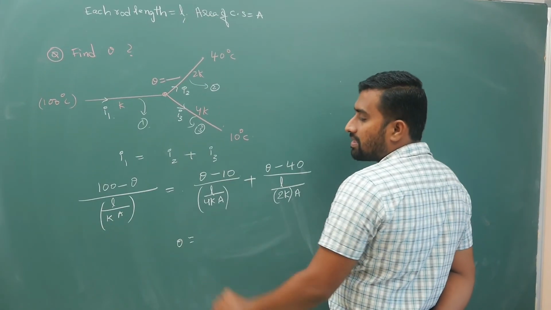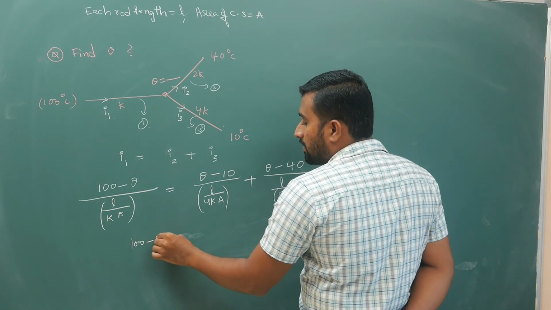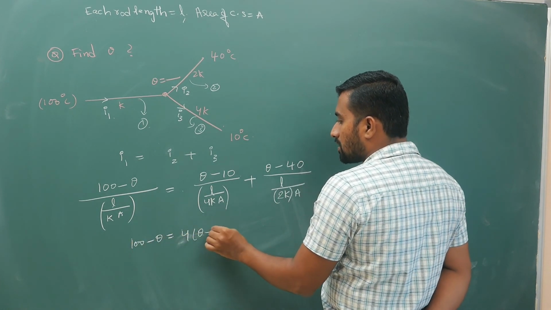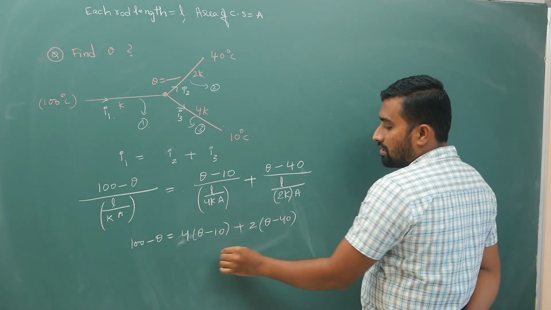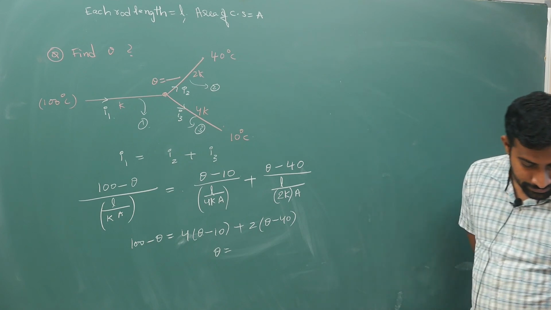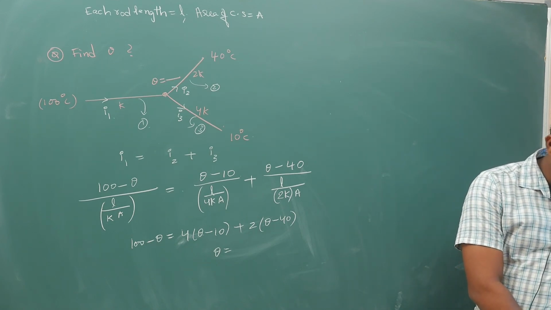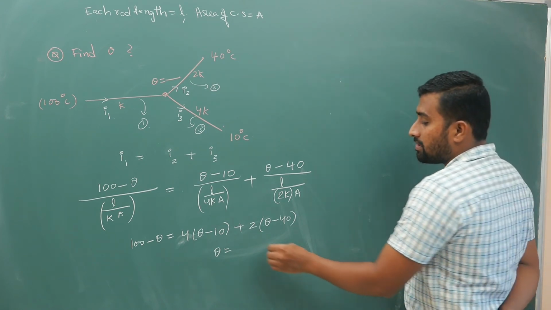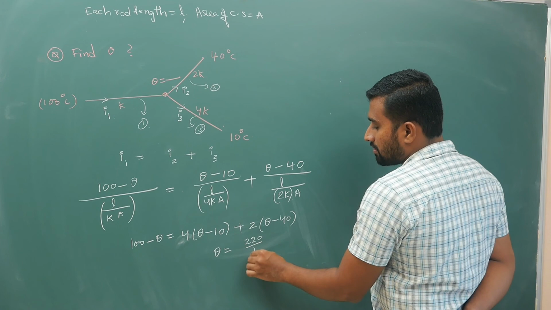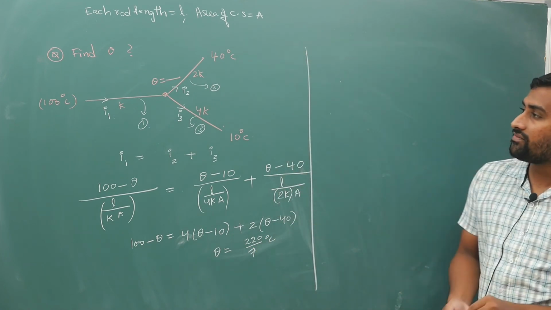L by KA will cancel off. Simplifying properly, 100 minus theta is 4 times (theta minus 10) plus 2 times (theta minus 40). Solving for theta, you will get the answer as 220 by 7 degrees centigrade. That is your answer for the first question.